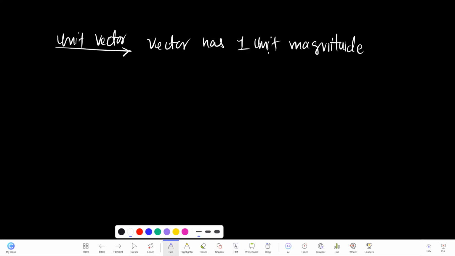One unit could mean 1 meter, 1 millimeter, 1 mile, whatever. I say 1 unit means 1. Now, the way the unit vector works is that you only care about direction. The unit vector's purpose is to only get the direction.